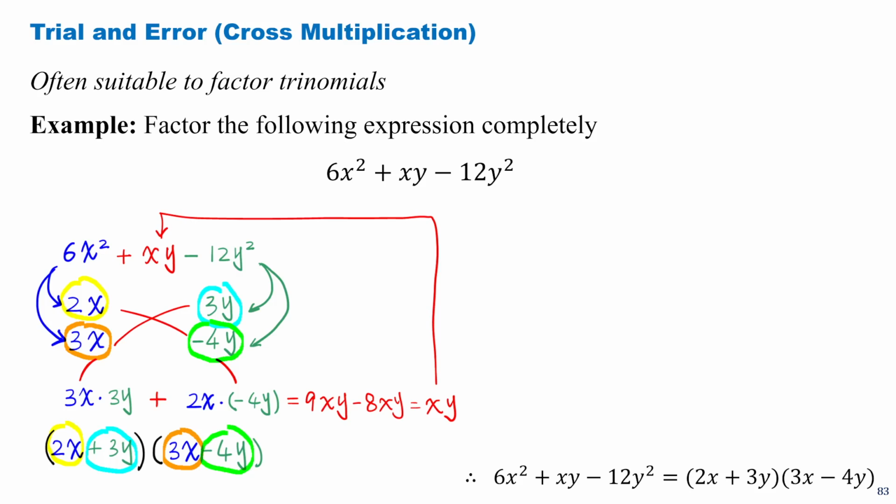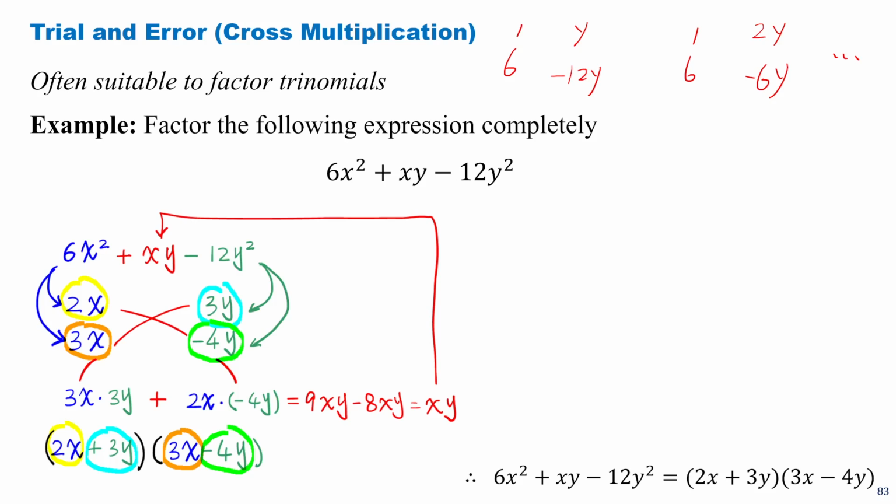For example, in this case, different combinations could be either 1 by 6 and negative 12y squared here can be factorized to either y times negative 12y, or for example 2y times negative 6y, something like that.